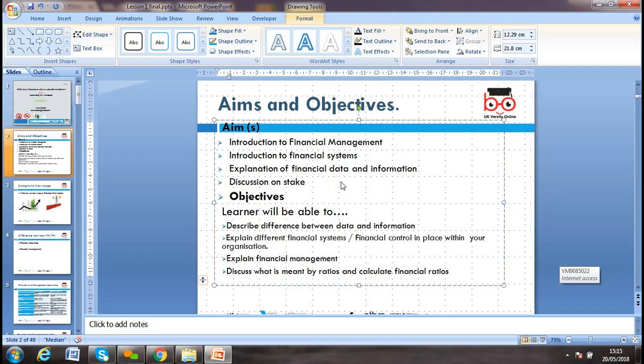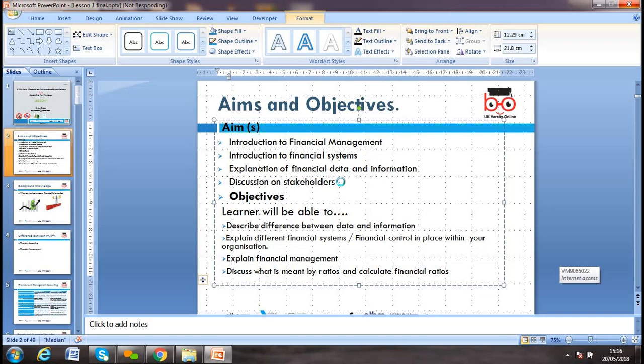Do you know what is meant by stakeholders? The person who invests. Yes, people who invest money in the business are also stakeholders. We also call them shareholders. Stakeholders means anybody who has any interest in a business.